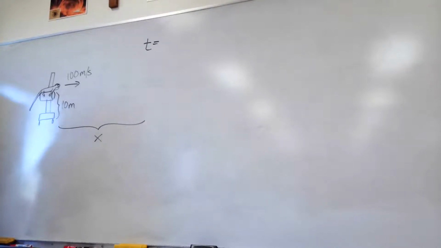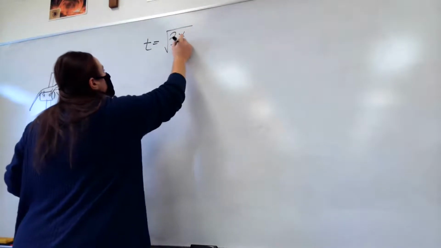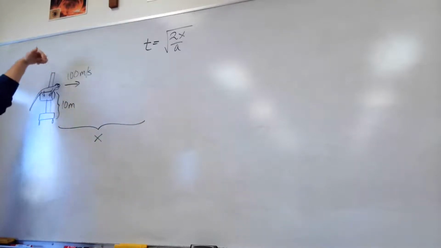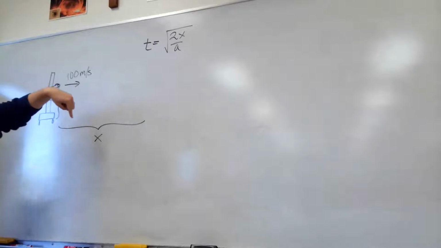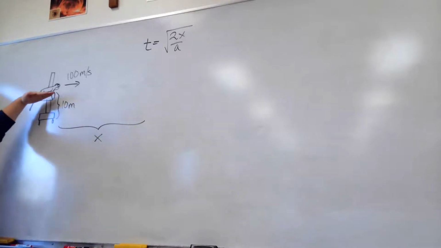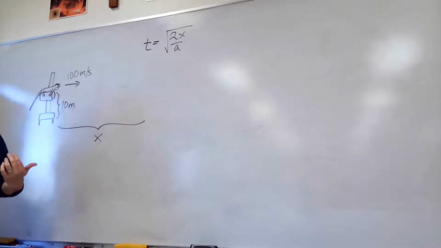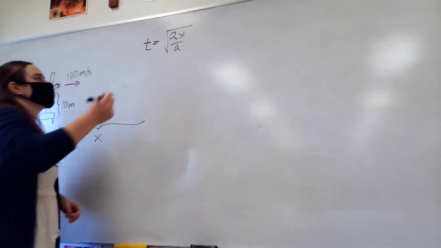Square root of 2x over g. Yep. Yesterday we got this equation from our x equation, and we said we can use this as long as our vertical initial velocity is 0. In this case, Spark's velocity is all horizontal, so our vertical initial velocity is 0. We can use this nice shortcut equation.